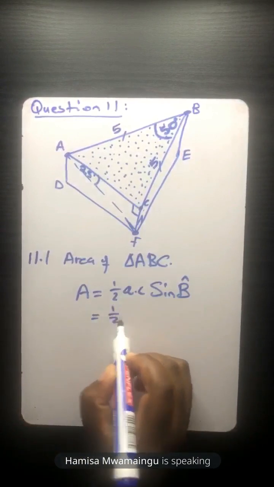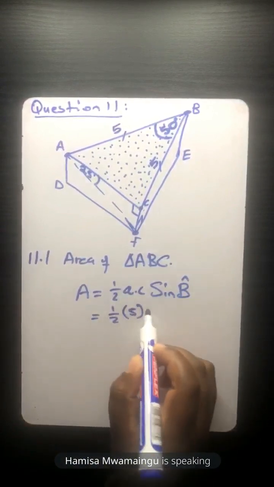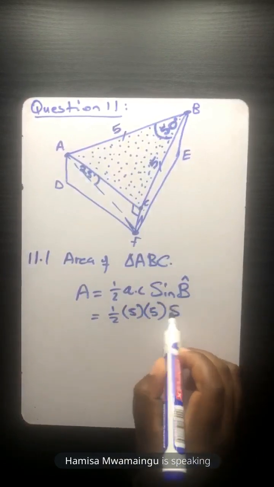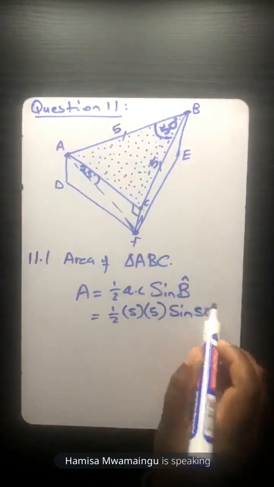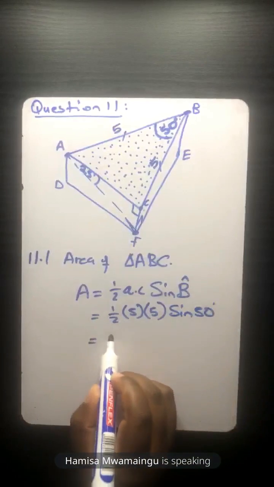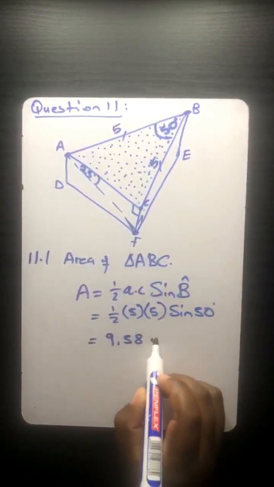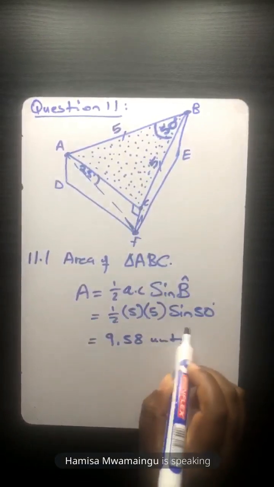For c, we're going to substitute 5. Then for angle B, we're going to substitute 50. Then the answer will be 9,58. Remember, units squared.